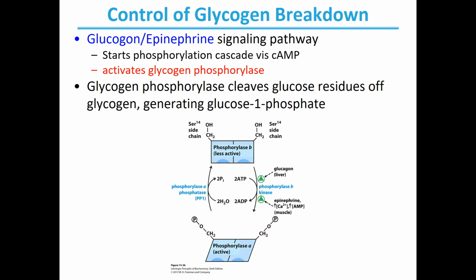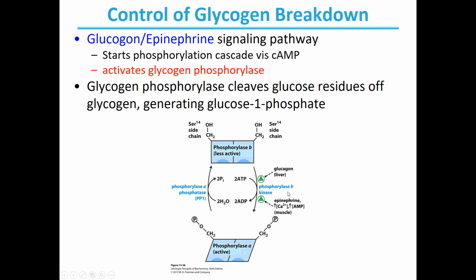That will be important when we get to regulation. The overall control of this glycogen phosphorylase comes from our two hormones, glucagon and epinephrine. Glucagon phosphorylates glycogen phosphorylase. If we note what happens in this figure, in the presence of glucagon, we see this phosphorylation of our glycogen phosphorylase enzyme, A for active.